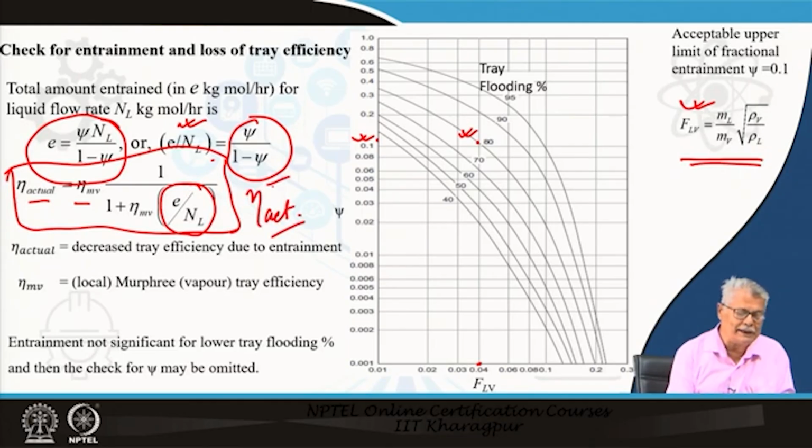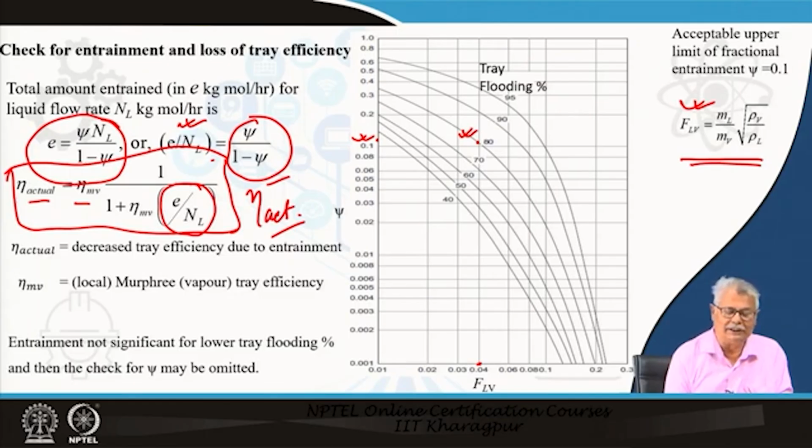That means, we find here that due to entrainment, my actual efficiency is going to be lower than what I had assumed initially. As long as it is within limit, it is fine. Say if you have assumed 80 and if you get some value like 75, 76, it is usually okay.